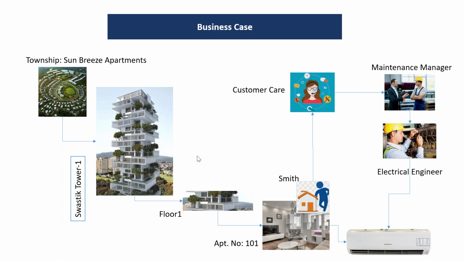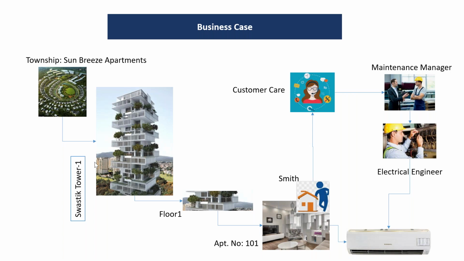So let's understand this process. This is the one business case I have taken. With reference to this business case, I'll explain the PM standard processes we have in the system. Let's say this is one township, Sunbreeze apartment, which has multiple buildings within it. Let's say Swastik Tower 1, Swastik Tower 2, likewise we have different buildings there.